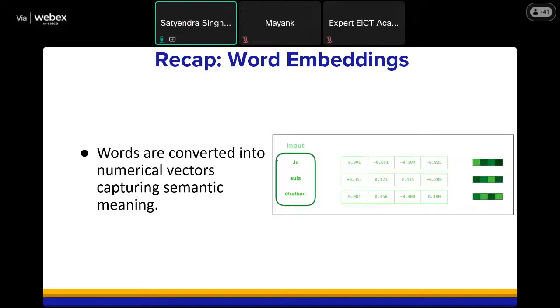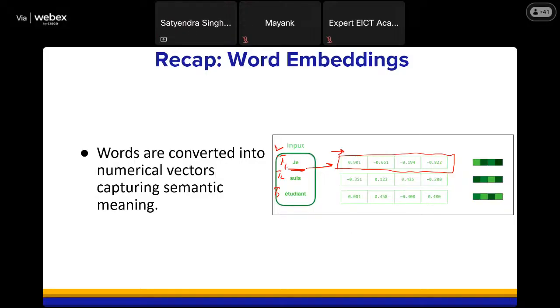So a word embedding is nothing but, for example, an input sentence consists of three tokens, T1, T2, T3. For each token or word, you have a word vector. In this particular example, it has a size of 4, and based on the embedding model you are using, the size may vary. For example, if you are using word2vec, it will generate a vector of around 300 size for each word. You can think of this vector as the position of that particular word in the word space.